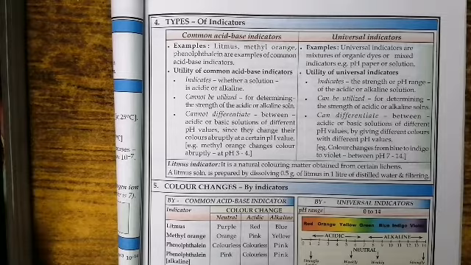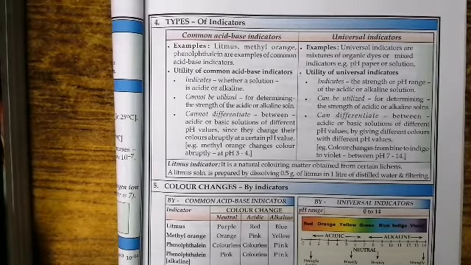Generally, in the lab, we use litmus, whether it is litmus solution or litmus paper, then methyl orange, and of course, phenolphthalein solution. The color changes, I've already mentioned to you.